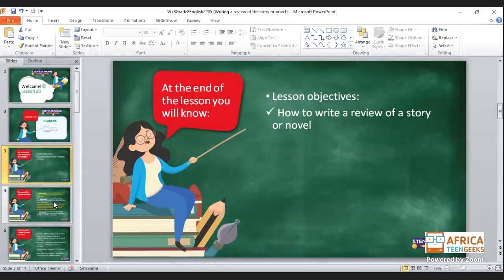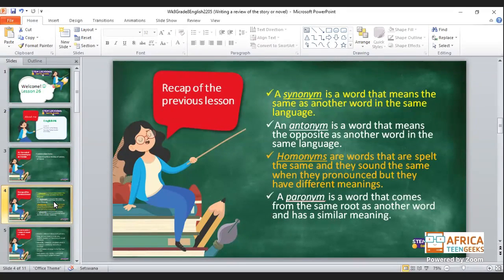Before we go too far, let us briefly recap what we did yesterday. Remember yesterday we learned about synonyms, antonyms, homonyms, as well as paronyms. Do you remember? We said that a synonym is a word that means the same as another word in the same language.